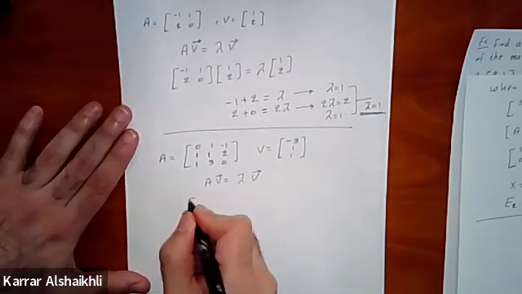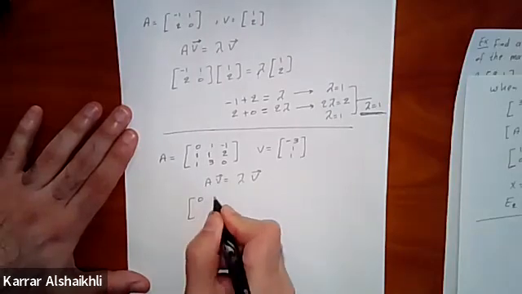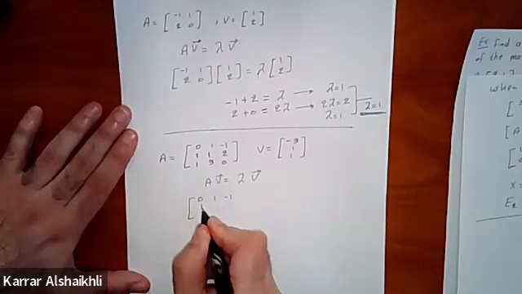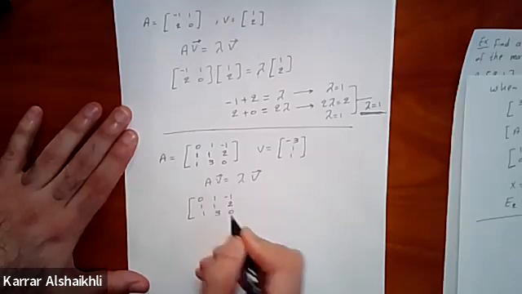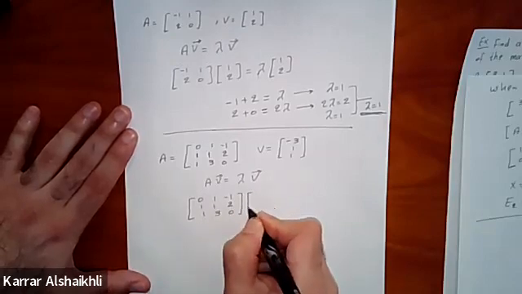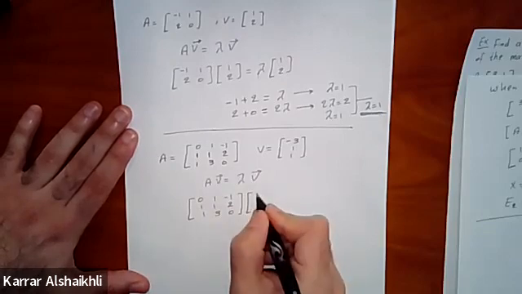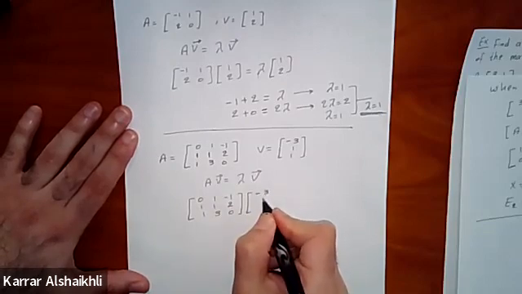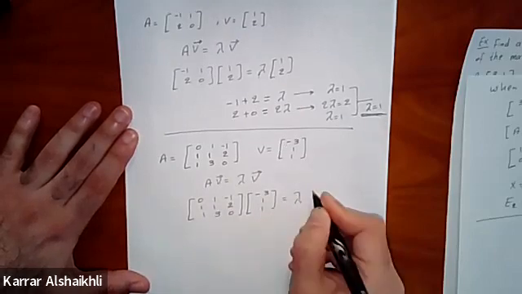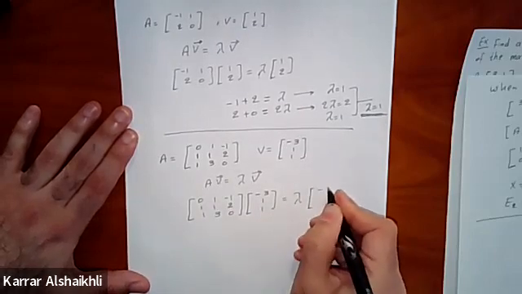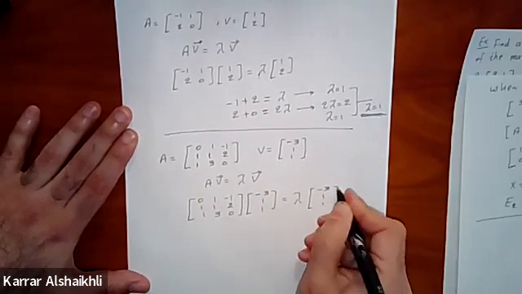So here's the A, which is 0, 1, negative 1, 1, 1, 2, 1, 3, and 0, times the vector negative 3, 1, and 1. We have to get the lambda times the vector negative 3, 1, 1.